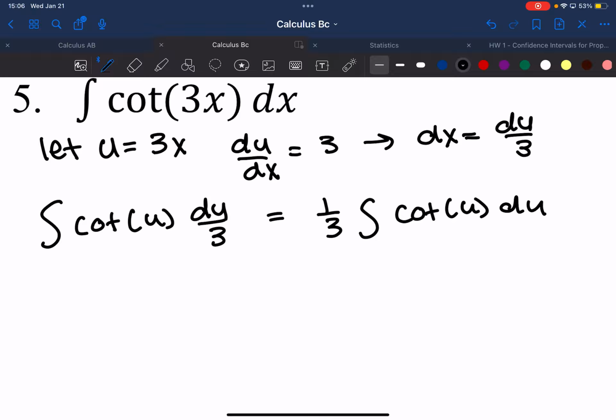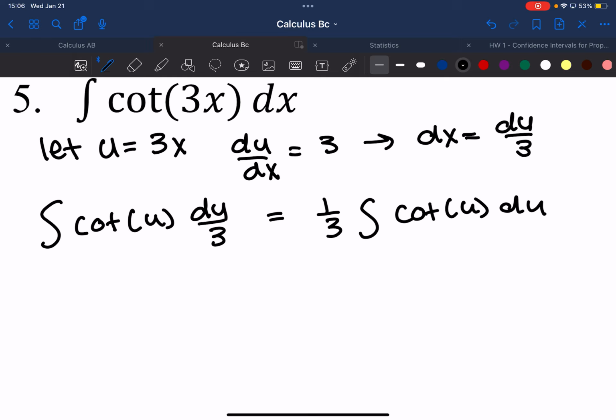Now think back to all your trig functions for your integrals and your derivatives. Did we ever talk about cotangent? It wasn't individual, right? It wasn't by itself. So this means that even though we did the use substitution to help it simplify a little bit, this is not enough.